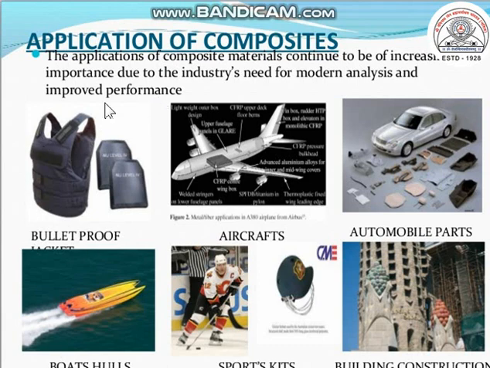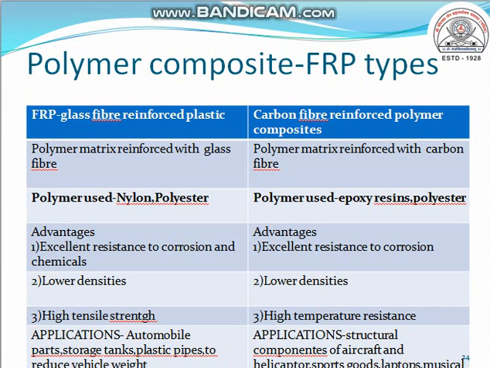See here, it's a bag, part of aeroplane, parts of car, part of boats, that is bulletproof jacket, sorry, it's not a bag, it is a bulletproof jacket. In aircraft, automobile parts, sports kits, building construction, boat hulls, and many more applications of polymer composites.